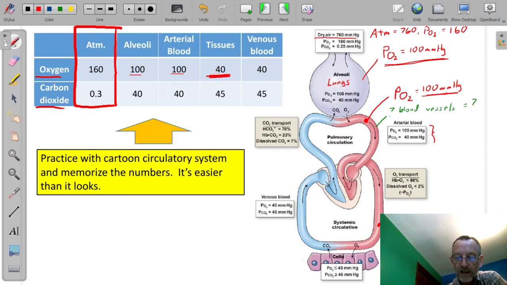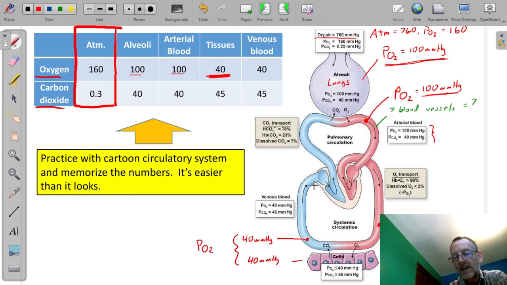So out here in the tissues, it's about 40 millimeters of mercury. And that goes to equilibrium with the blood. So the systemic venous blood is also 40. And this is the partial pressure of O2.